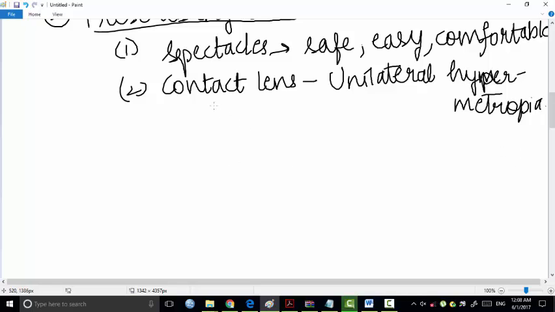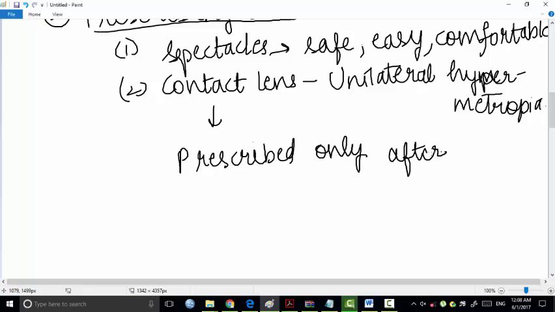and these are prescribed only after stabilizing the sight. That is, it is possible that the person's refractive power may be changing every time, or the power of the lens should be increased.